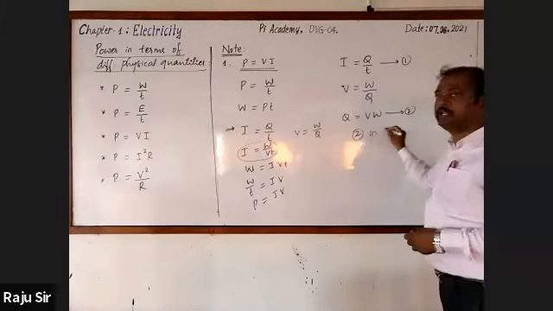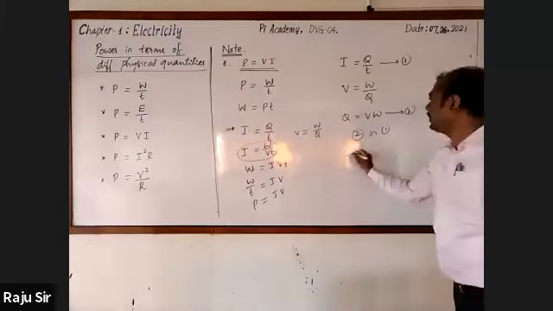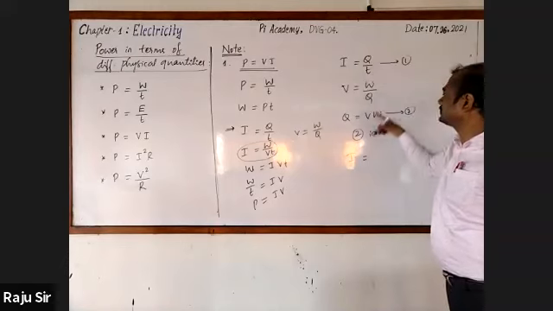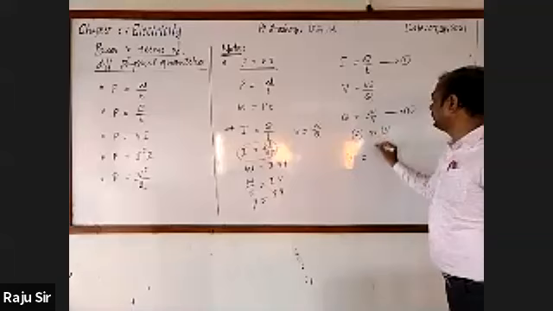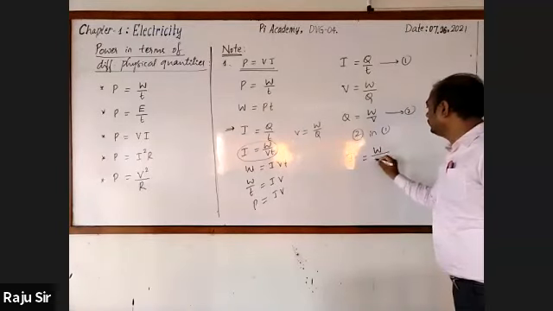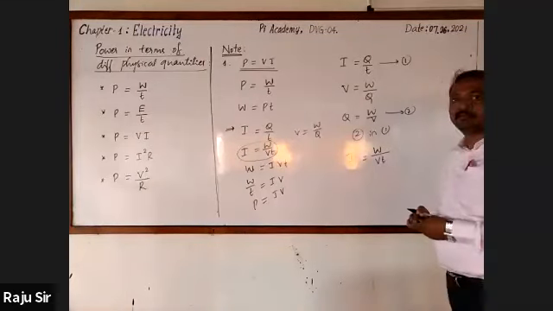Substituting 2 in 1, don't copy anything. Then I is equal to, where Q is W by V, W by V into T.